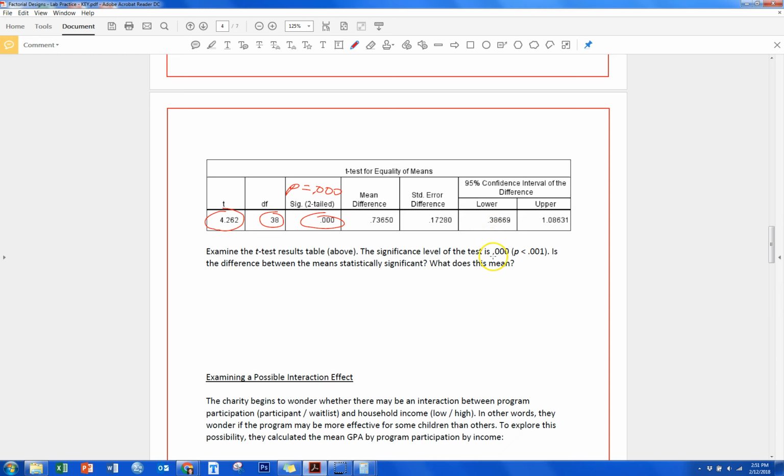The significance level is 0.000, meaning that p is less than 0.001. Is this statistically significant? In order to be significant, p must be less than 0.05. So is 0.000 less than 0.05? Why, yes, it is. So we do have statistical significance. So let's say something about that.